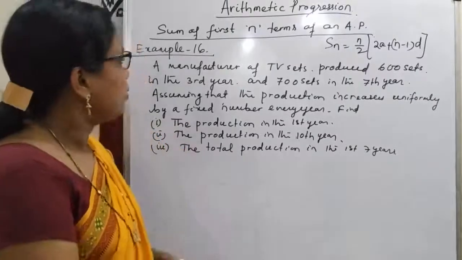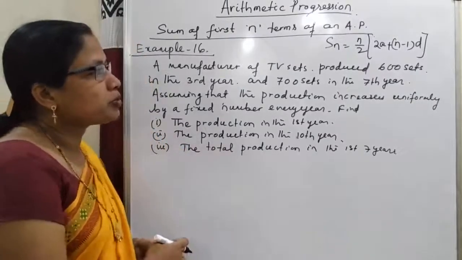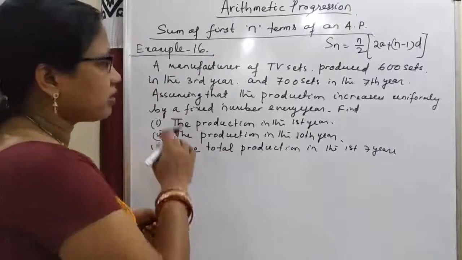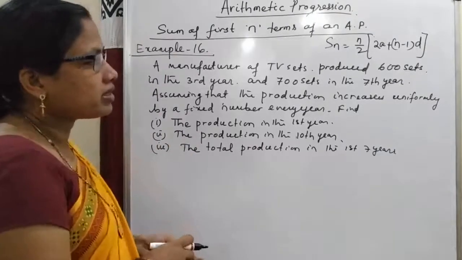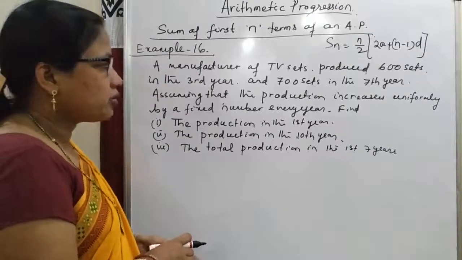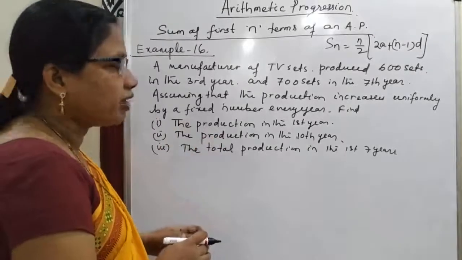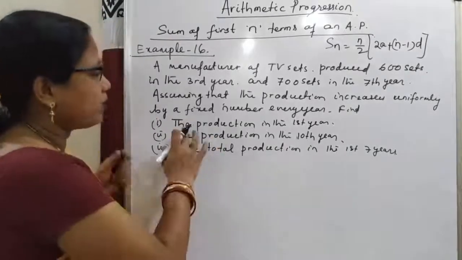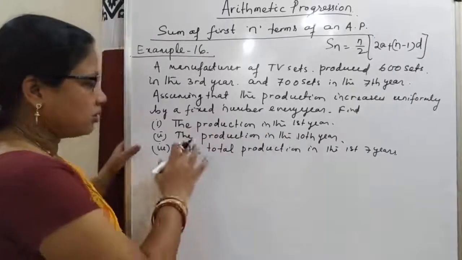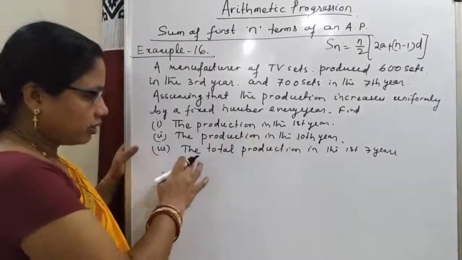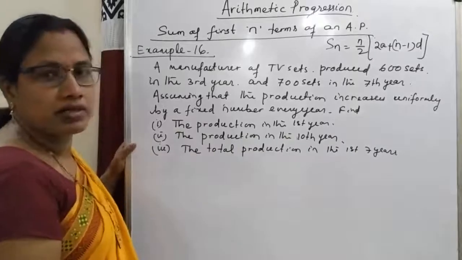Next example, a manufacturer of TV sets produced 600 sets in the third year and 700 sets in the seventh year. Assuming that the production increases uniformly by a fixed number every year, find the production in the first year, the production in the 10th year, the total production in the first 7 years.